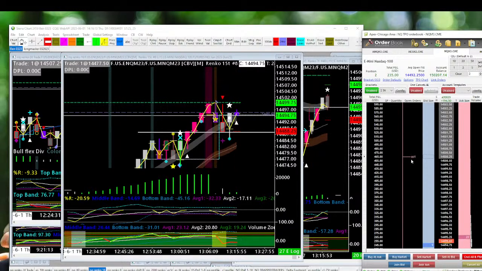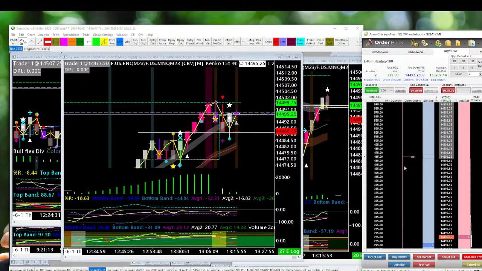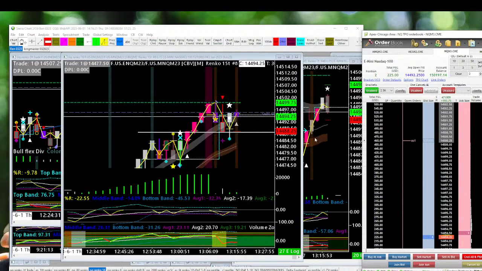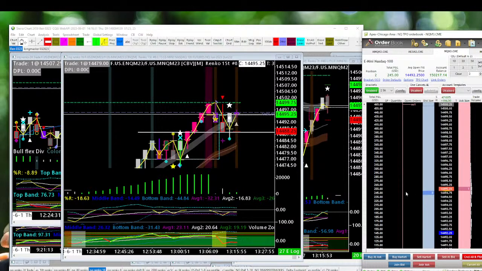Not so much for NQ, but for SPX, those numbers can be common for big options orders too. So you'll have open interest there. But that's not quite as relevant on NQ as it is on SPX and ES.